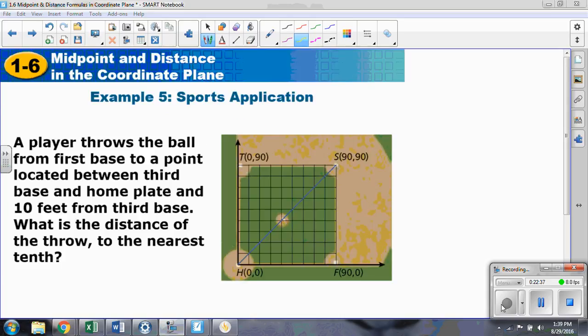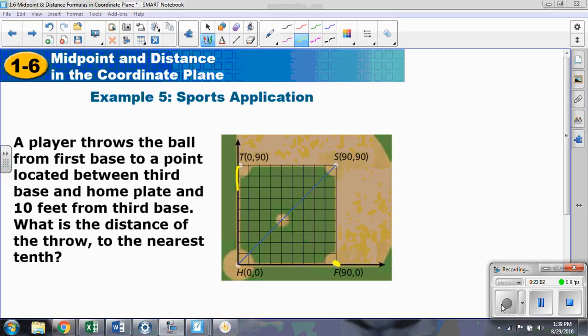Alright, the last thing we have then is this example for how the coordinate plane and distance can be applied. The player is going to throw the ball from first base over to a point between third and home, located 10 feet from third base.